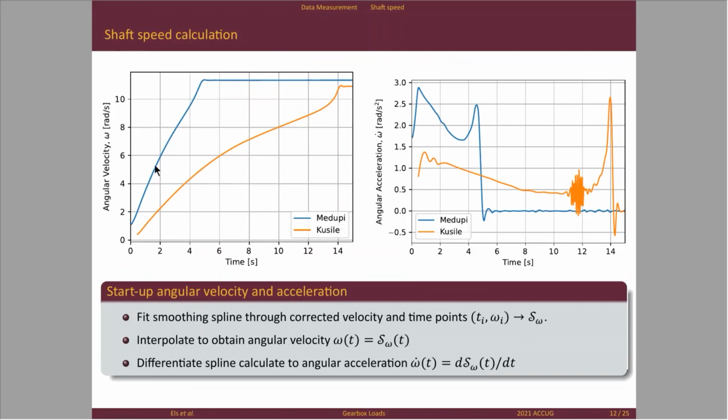So this blue one is for the startup of Medupi and the orange one for Kusile. Now the thyristor soft start is on speed at just past 14 seconds. If we go to the acceleration side, now this is the interesting one.